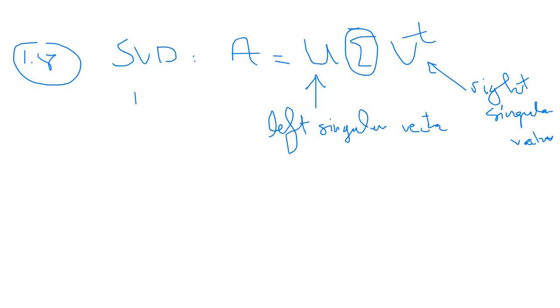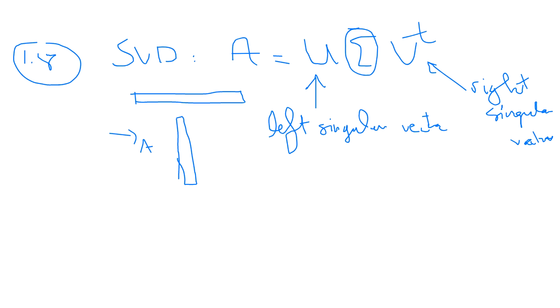So it's a very tall thin matrix. I'm talking about A. So A is not square, and that's why we cannot talk about eigenvalues and eigenvectors. We talk about singular vectors, left or right, and singular values.